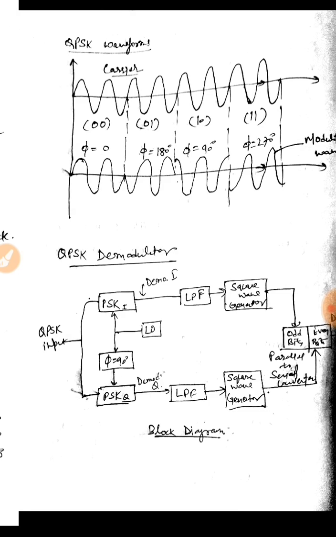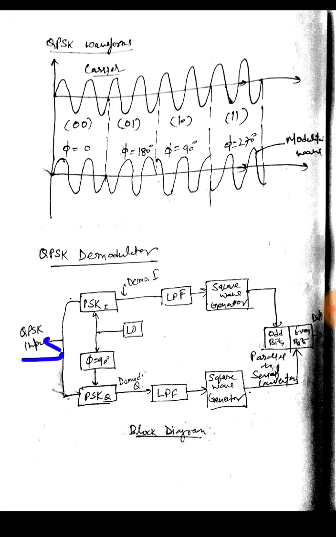This is the QPSK input given to both these BPSK demodulators, PSK-I and PSK-Q. So the input would be given to both of them. It is a coherent detector basically.